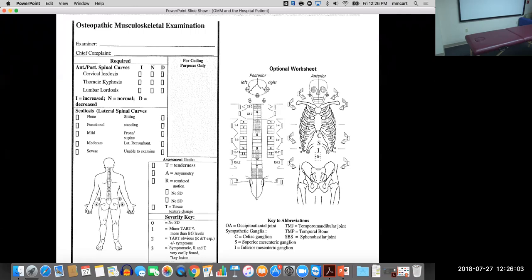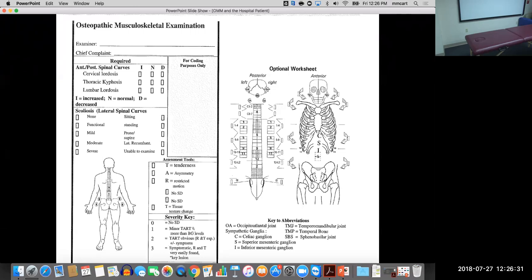The optional worksheet is up here on the right, and this sheet, it has, for those of you that would do a quick Zink pattern screen where you're just looking at the respiratory, kind of the fascial diaphragm rotational preference at the OA, thoracic inlet, abdominal diaphragm, and pelvis, ways to code for that rotation.